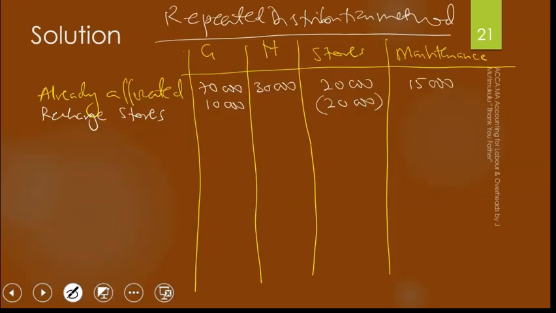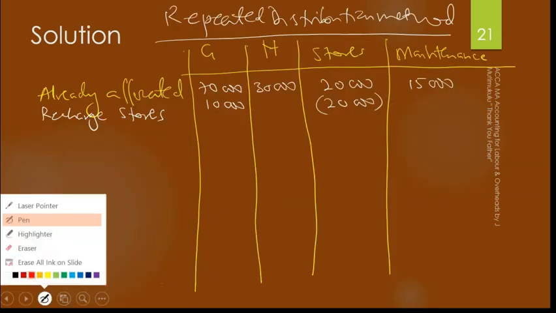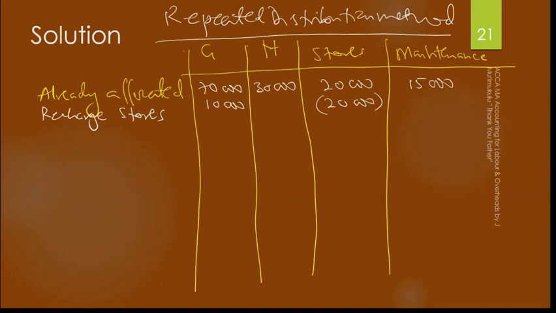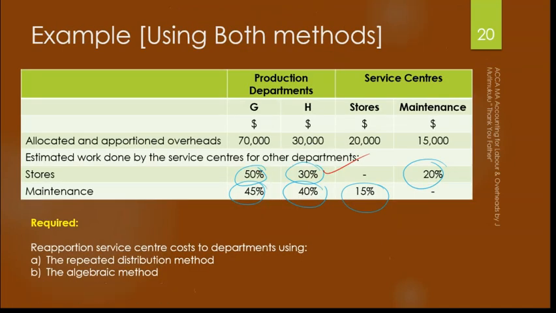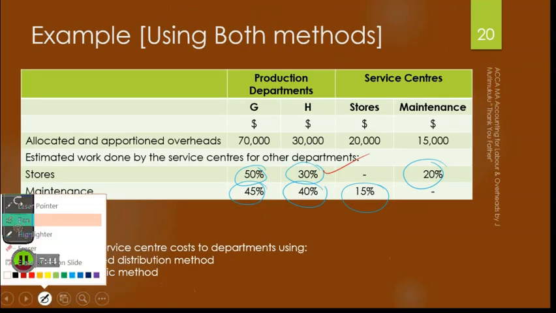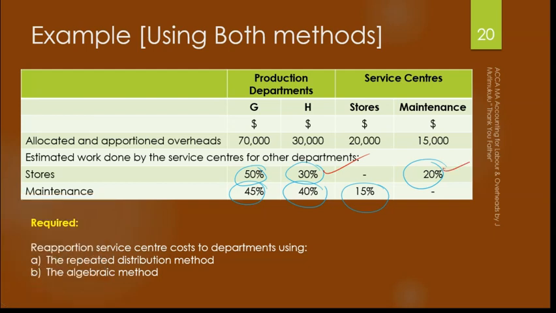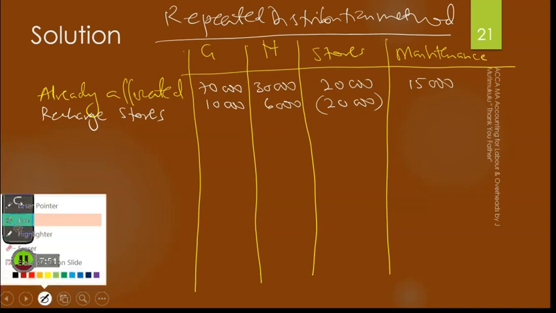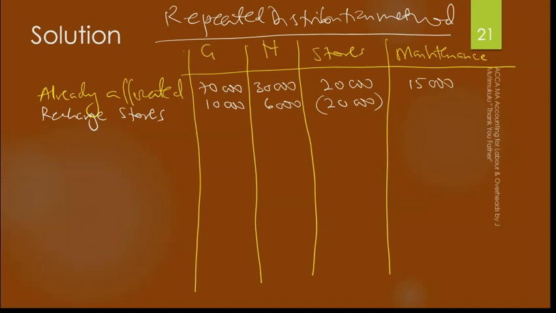So we say 30% of 20,000, this is 6,000. And then to the maintenance department, we are giving 20%, as you can see there. So we say 20% of 20,000, that's 4,000.